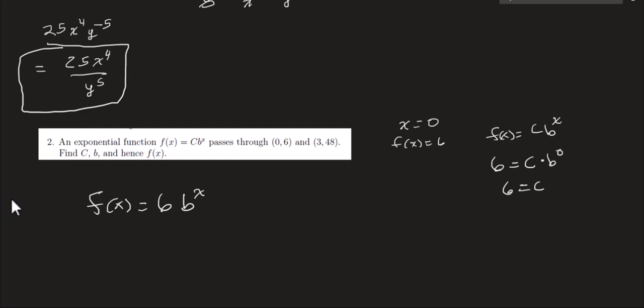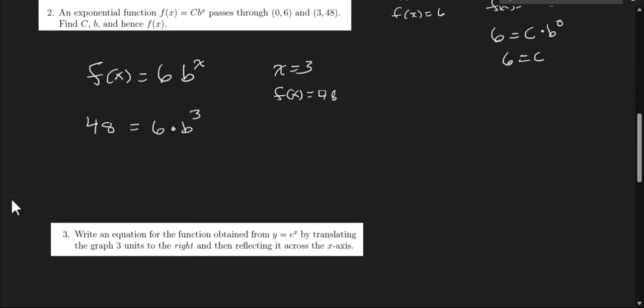And now from 3, 48, I know that when x is 3, f of x is 48. So I've got 48 equals 6 times b to the 3rd. Now I'll divide both sides by 6. And I get 8 is b to the 3rd.